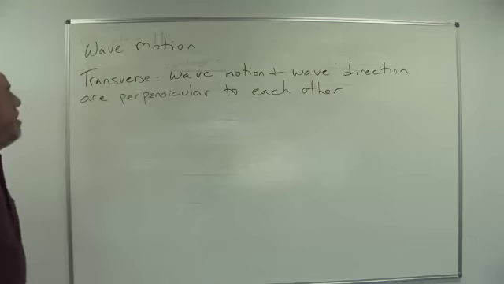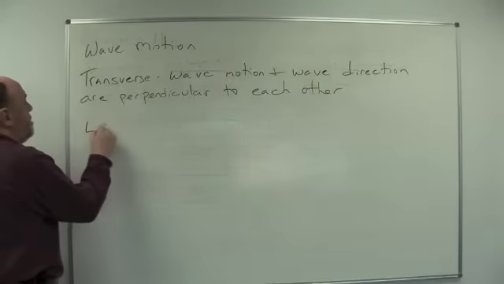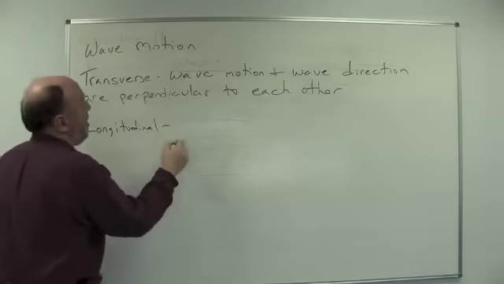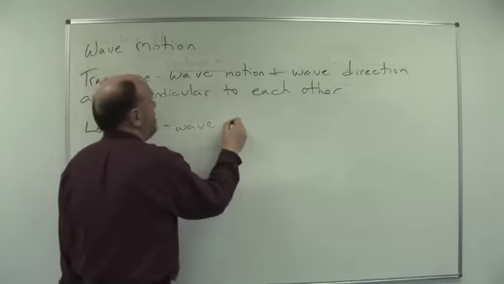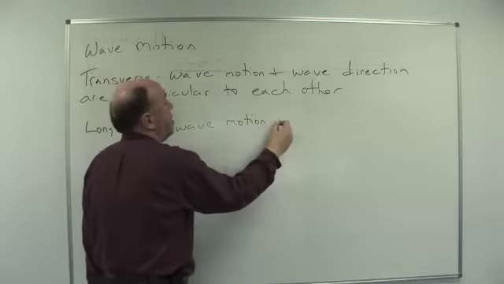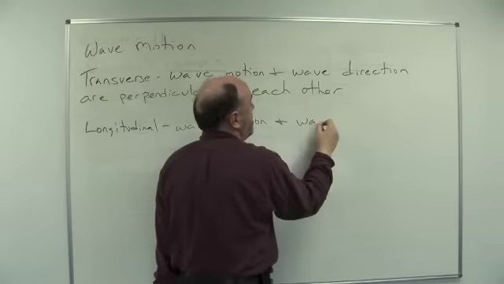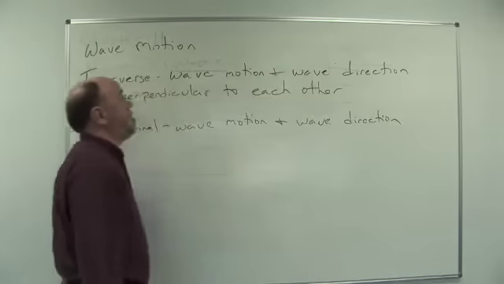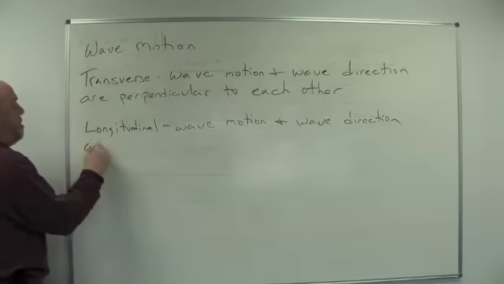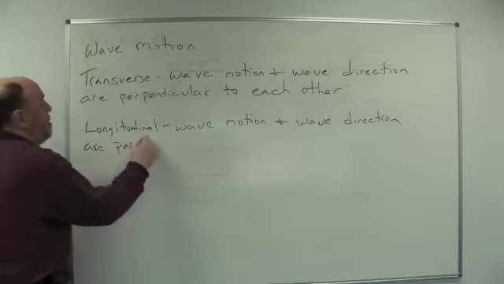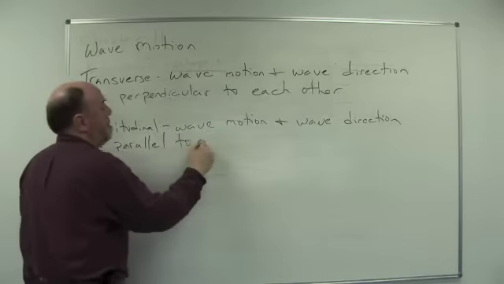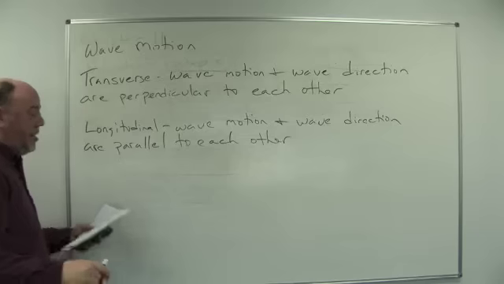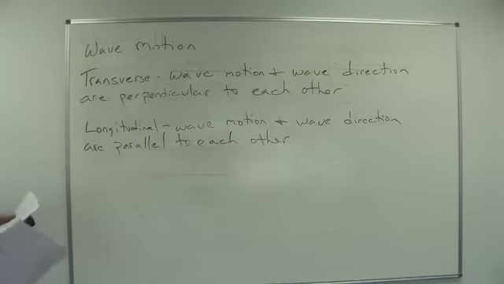And then the second type of wave is a longitudinal wave. In this one you have that the wave motion and wave direction are parallel to each other. So those are the two types of waves that we can have in terms of their motion.